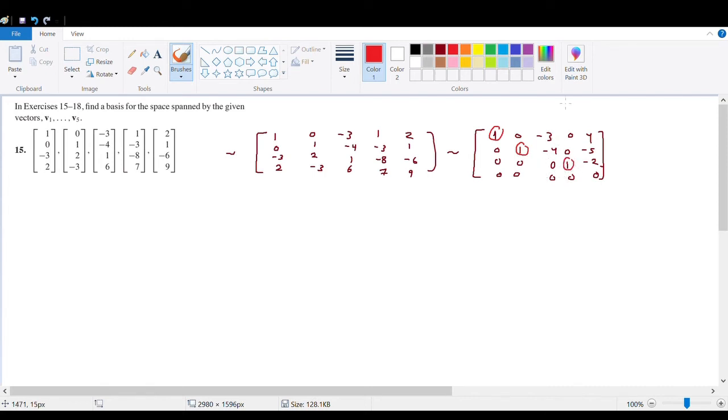So the basis for this set is equal to the first column, which is 1, 0, minus 3, 2, then the second column 0, 1, 2, minus 3, and the fourth column, which is 1, minus 3, minus 8, 7.